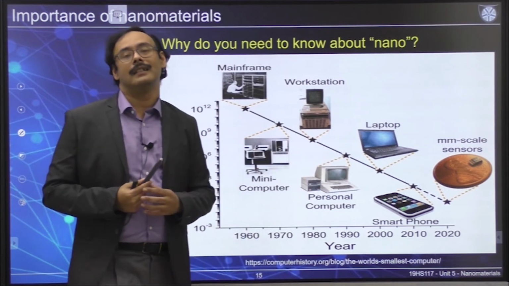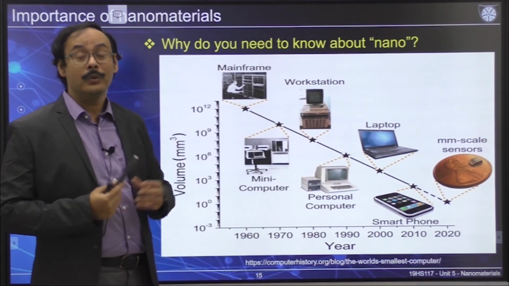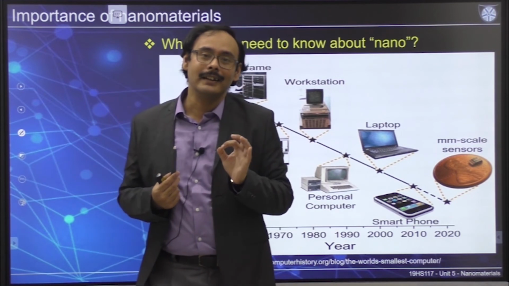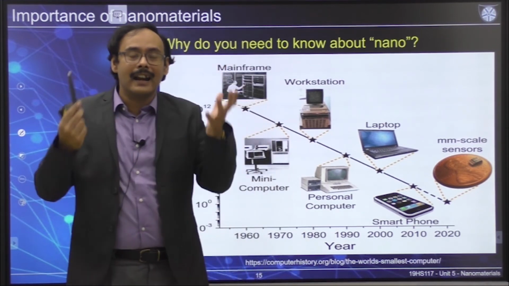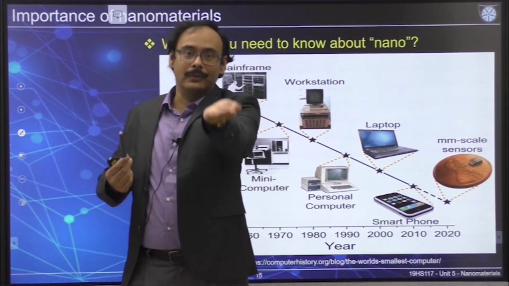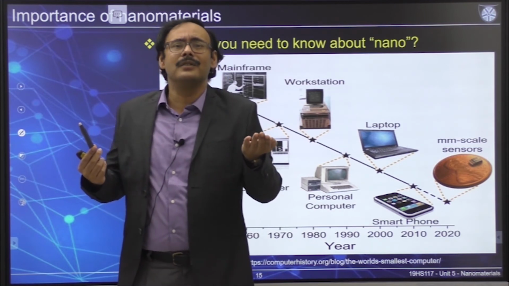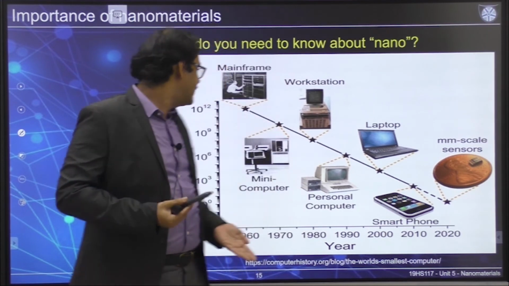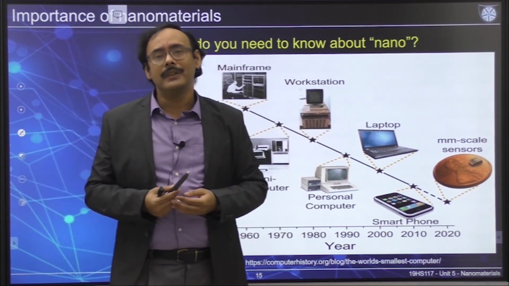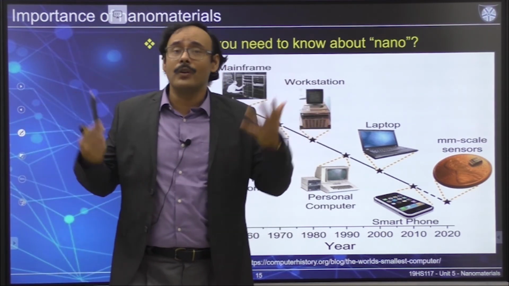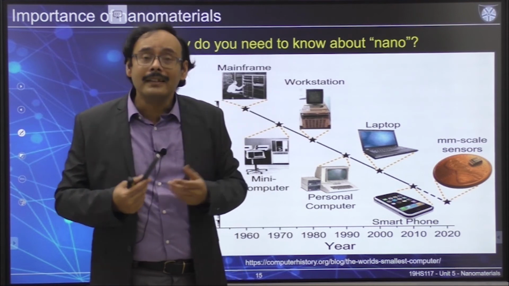Why is that improvement? We all want to make things smaller, right? If you can have an entire computer on your palm, like the one you are using right now in your smartphone, it can do everything that, let's say, a 1970 or 1980 computer can do. It can do even more than that. Why is it so?